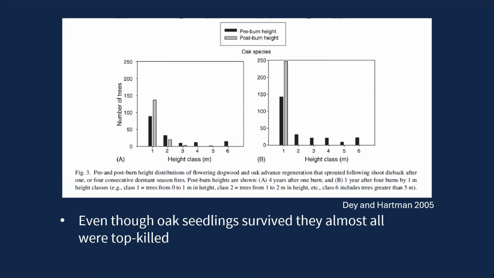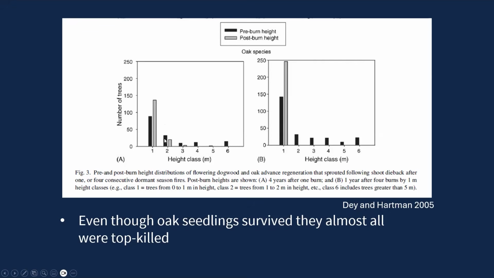So this is a really interesting study here. On the left is 4 years after one burn, and these are oak seedlings. And on the right is 1 year after 4 burns. You can see the black is pre-burn height. In both cases, we had this distribution all the way up to 6 meters tall before the burn, and then 4 years after one burn, all these seedlings are down here at 1 meter or 2 meters, right?